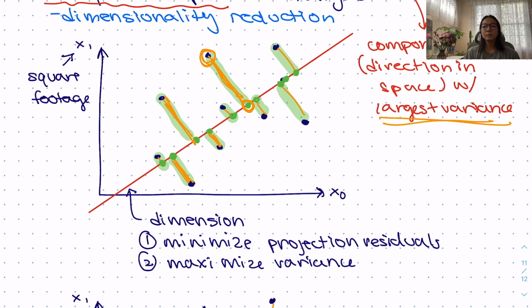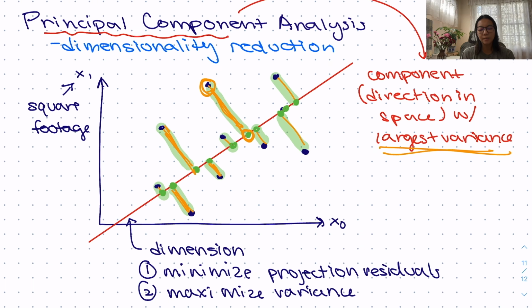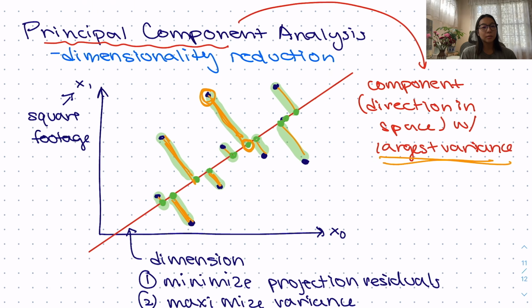We're not really going to talk about the method needed to calculate the principal components, or what that projection would be, because you will need to understand linear algebra for that, especially eigenvectors and eigenvalues, which I'm not going to cover in this class. But that's how you would find the principal components.